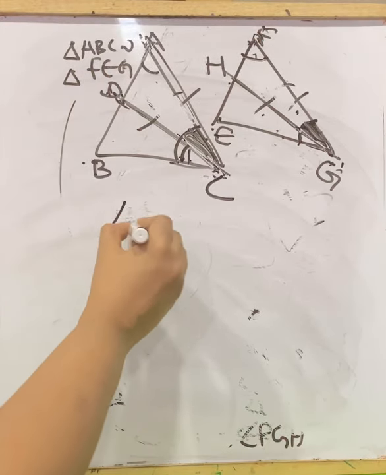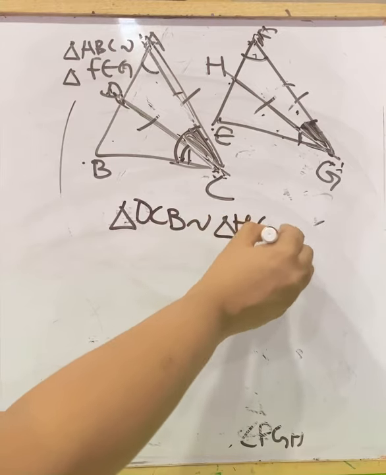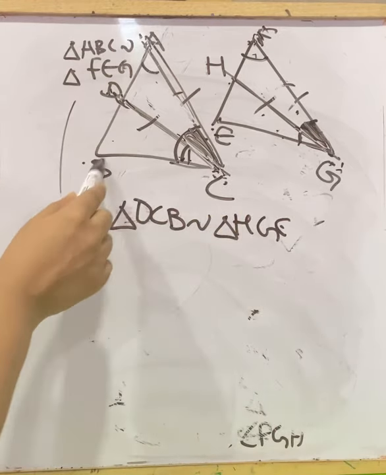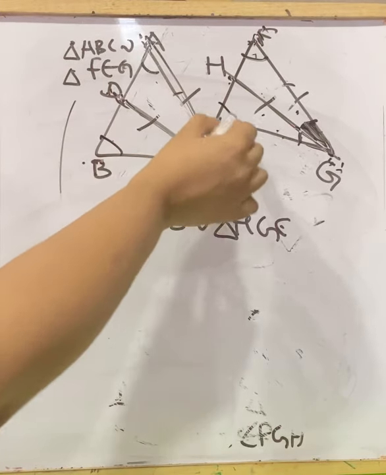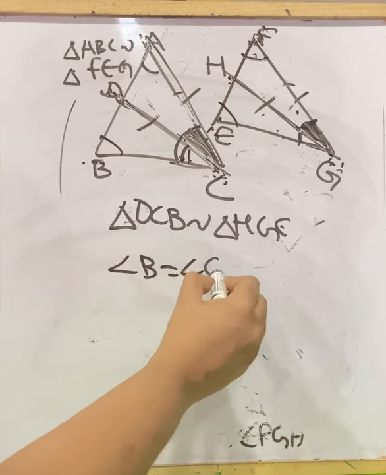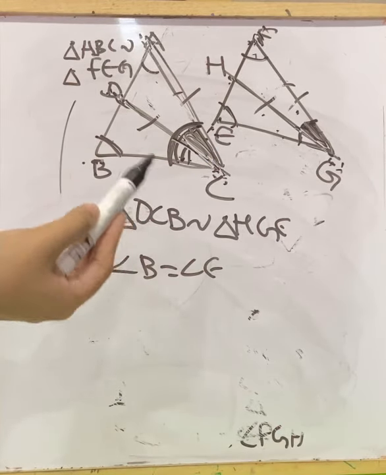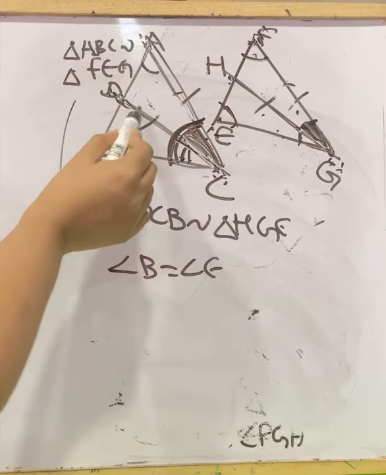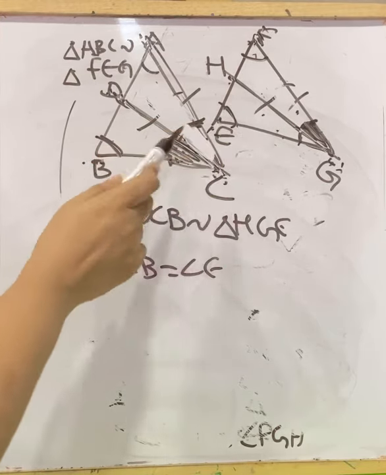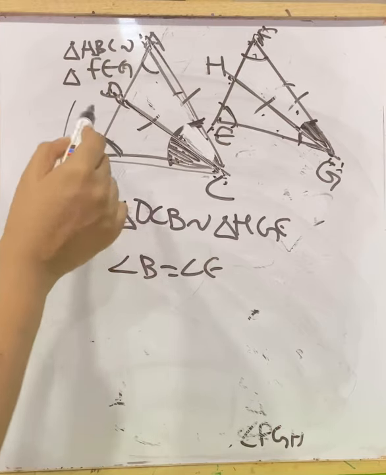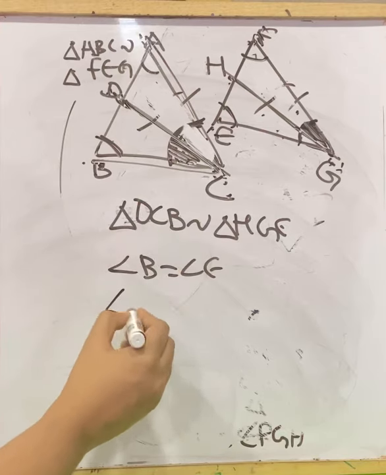Next you have to prove triangle DCB similar triangle HGE. Again we will write angle B equal to angle E because these two bigger triangles are similar. Now we are going to take the half of this angle. So this time we will consider this half. No need to consider this upper half because we are talking about the below triangle. So this half, that means angle DCB.